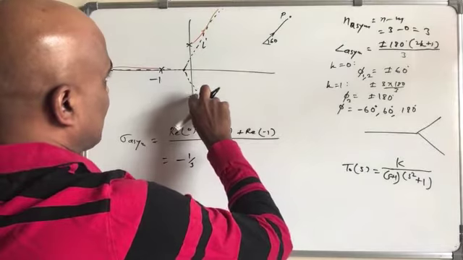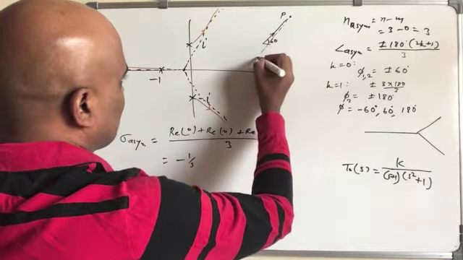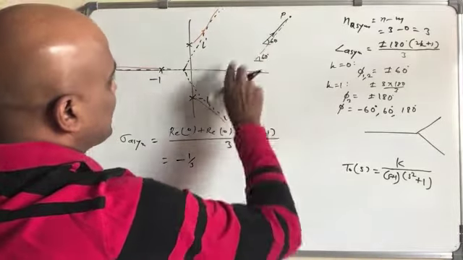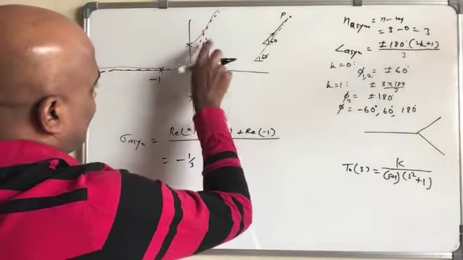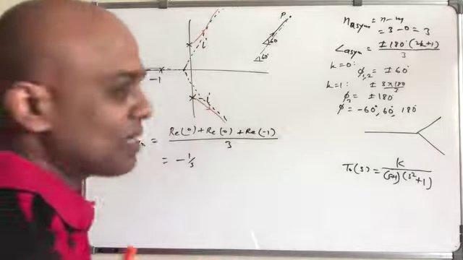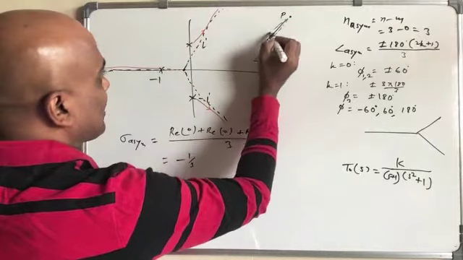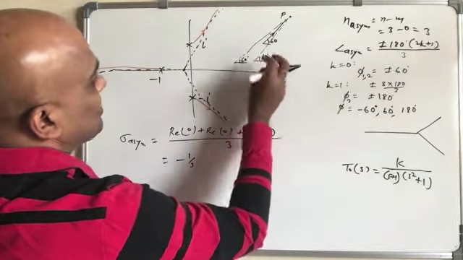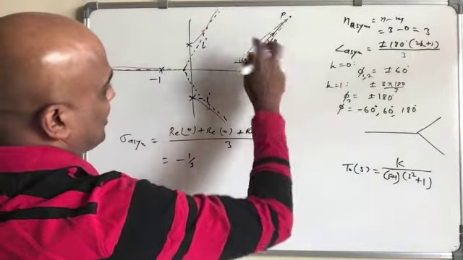Angle from here will also be 60 degrees. Since it is very far away and these points are close, all the angles, regardless of where you are starting from, are 60 degrees only, and hence you can add them together.